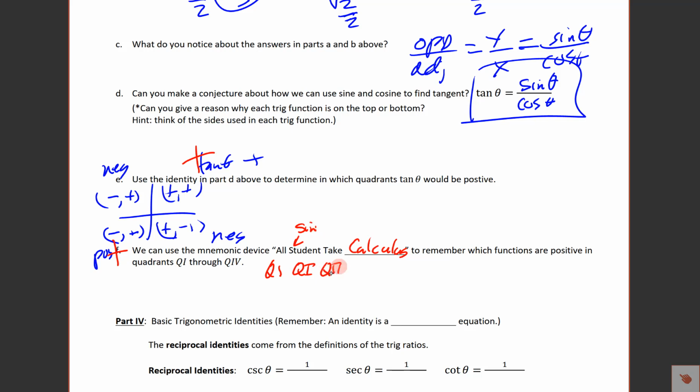In Q3, T stands for tangent. And in Q4, the C stands for cosine. So they're all positive over here. The sine is positive over here. The tangent is positive over here. And the cosine is positive over here.